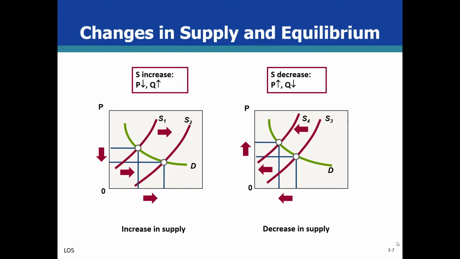In the real world, you get both demand and supply moving at the same time. We're going to take a look at one of those examples. The market does not wait to conduct the static analysis that we have just done.